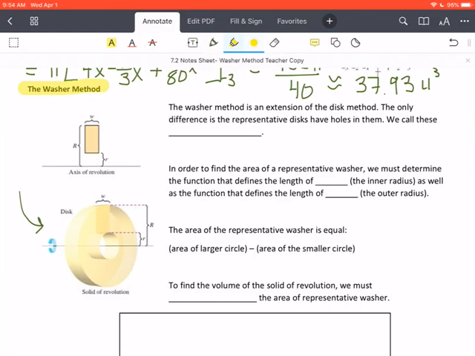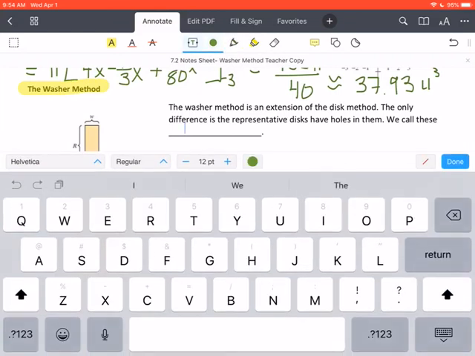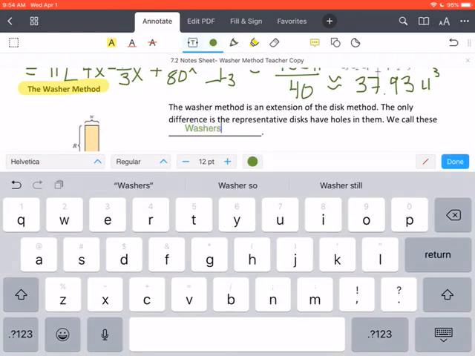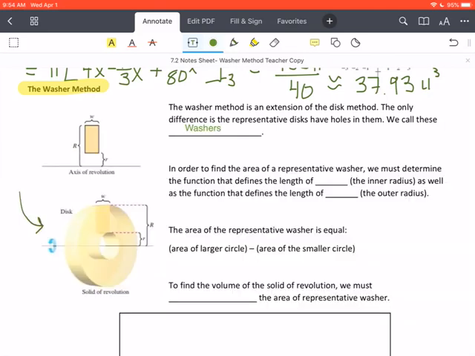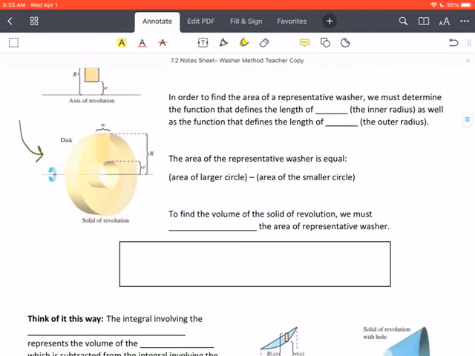So when representative disks that we repeat over and over have holes, we don't call those disks anymore. We call those washers. Okay. So, in order to find the area of a representative washer, we must determine the function that defines the length of little r.